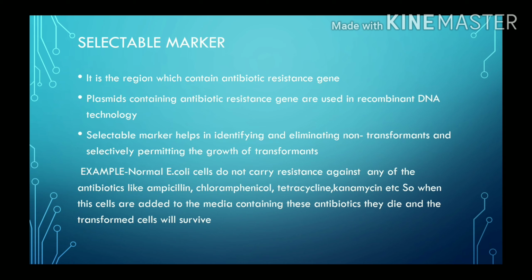For example, normally the E. coli cells do not have resistance against antibiotics like ampicillin, chloramphenicol, tetracycline and kanamycin. So when these cells are added to media containing these antibiotics, they die. It means they are non-transformed, and the transformed cells will survive.